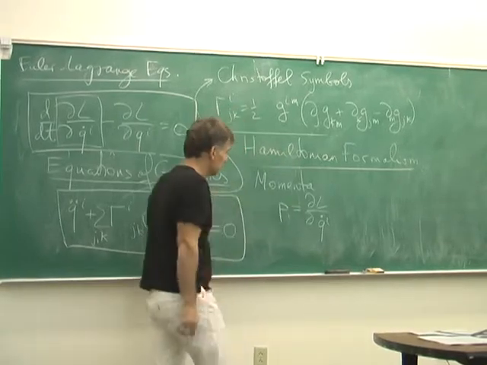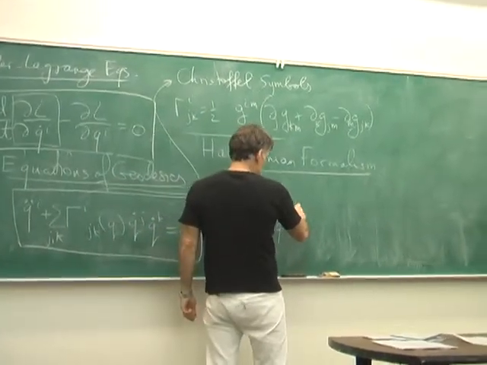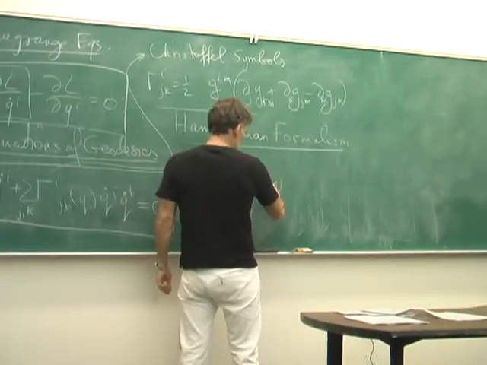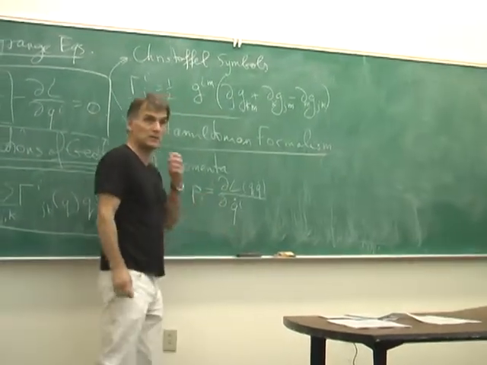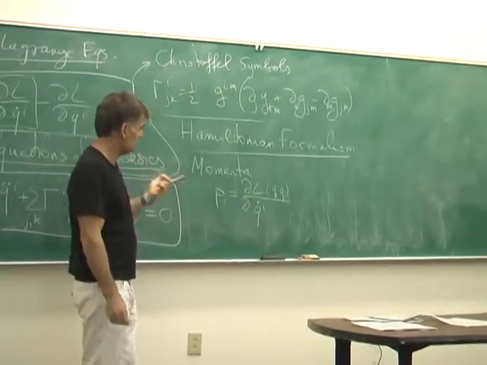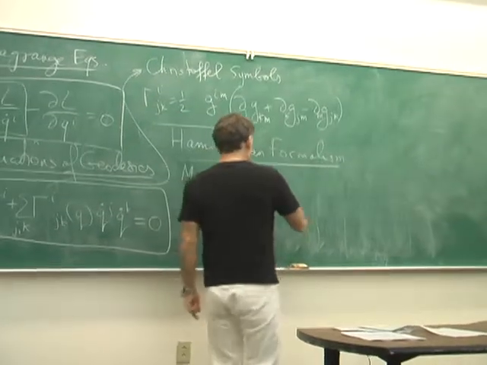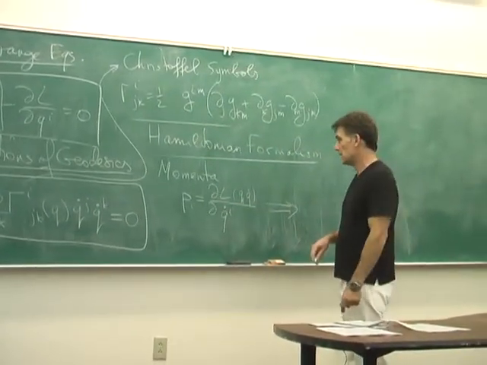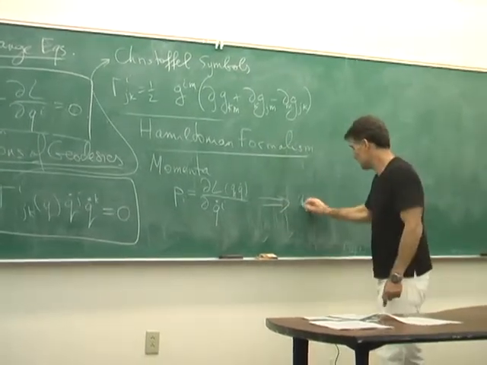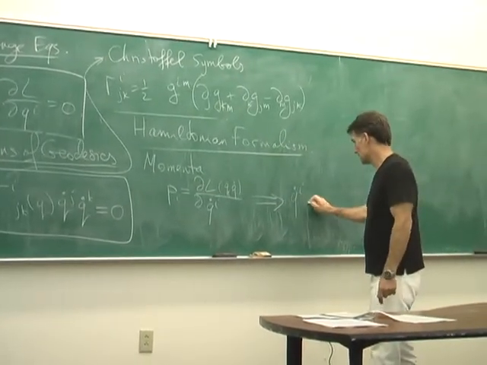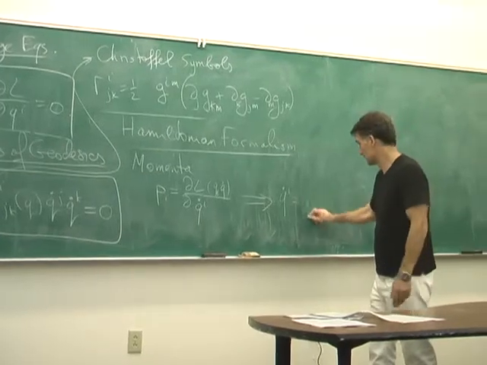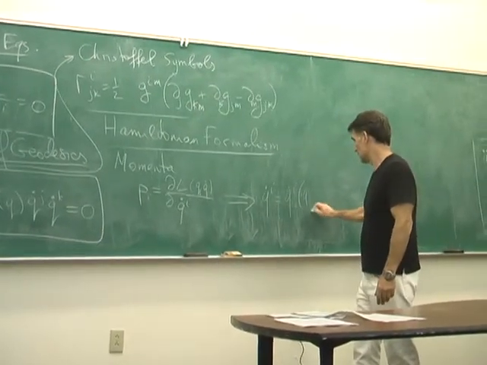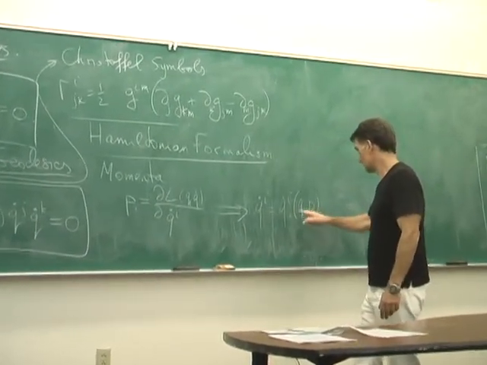And L depends on q and q̇, on coordinates and velocities. So the idea is now to invert this and express the velocities as some functions of coordinates and momentum.